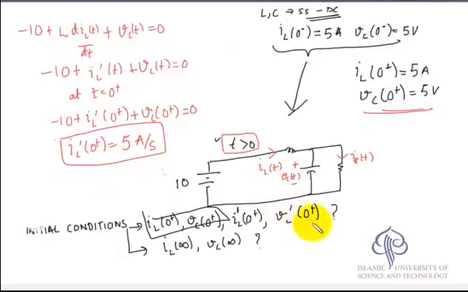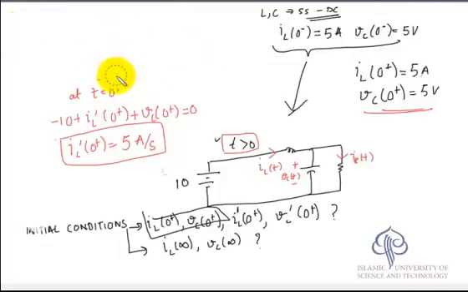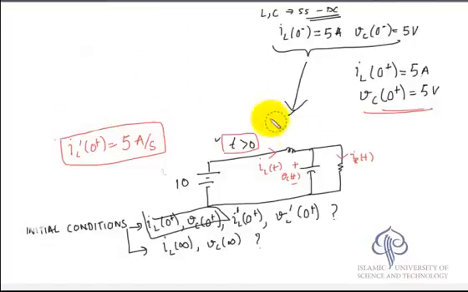Now we need vC'(0+), and for finding vC'(0+) we can use the second part of the circuit that we have here. If we see this node here, it's clear that iL(t) is C dvC(t)/dt.